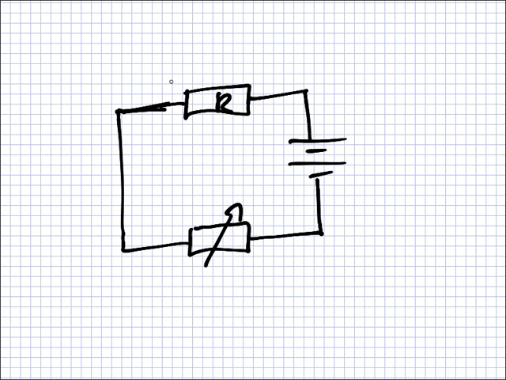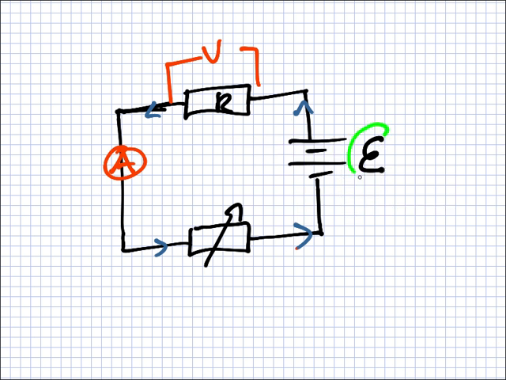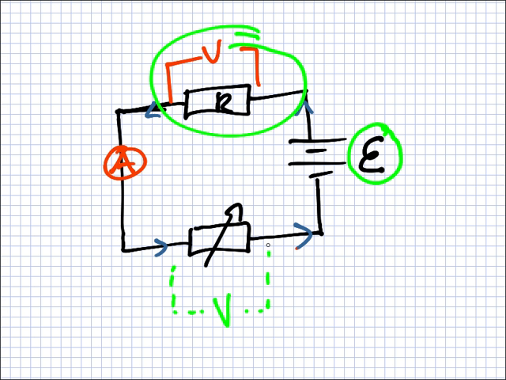And then here we put V, and here, or here, doesn't matter, we put A, and then we have our current, and it goes around like that. Now, let's just say the voltage here, we'll just say it's E, okay? This E here must be the same, remember we said that the voltage adds if it's in series. So this E here must be the same as the voltage here and whatever the voltage is here.